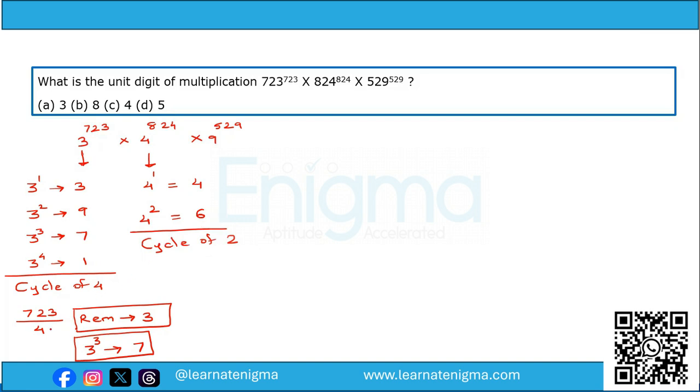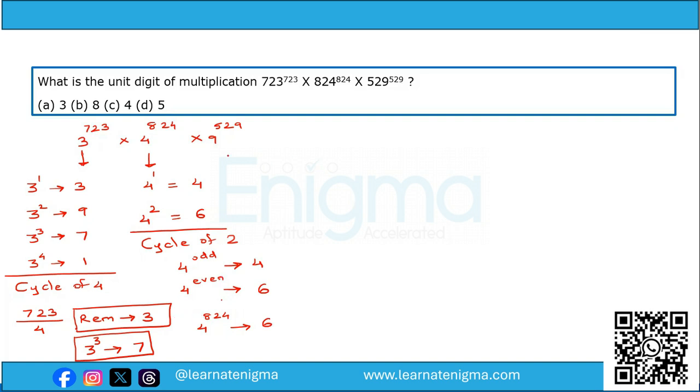Now instead of dividing by 4 like in the case of 3, because it is a cycle of 2, we can say that 4 raised to an odd number, units digit will always be 4, and 4 raised to an even number, units digit will always be 6. In this case it is 4 raised to 824. Because 824 is an even number, the units digit of 4 raised to 824 will be 6.